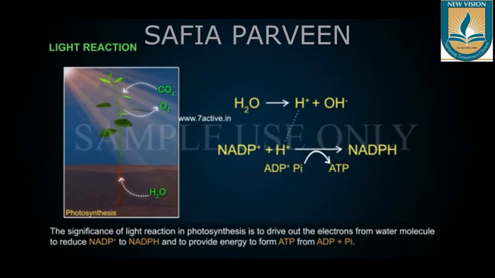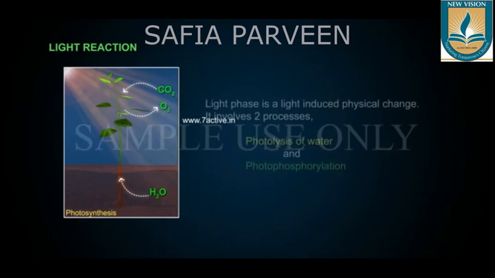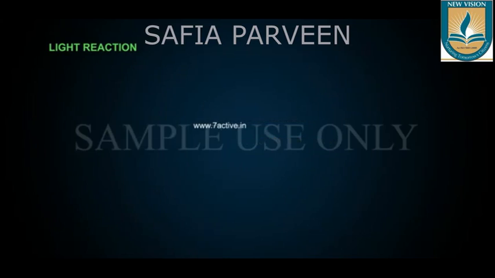During this process, ADP takes up the inorganic phosphate and is converted into ATP. So summing up, the light phase is a light dependent reaction which involves two major processes. The first one is photolysis of water and the second one is photophosphorylation.